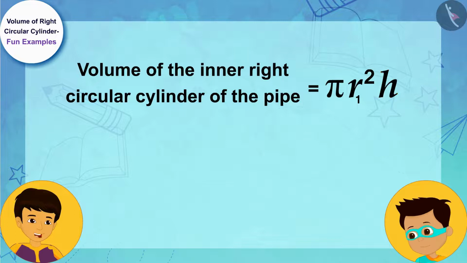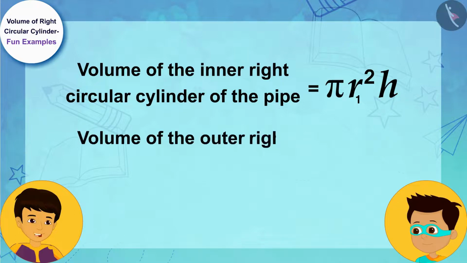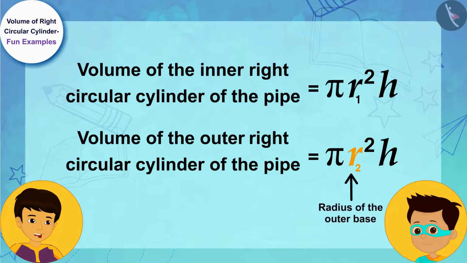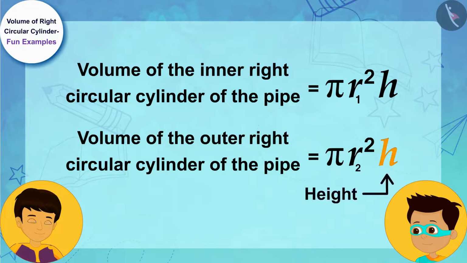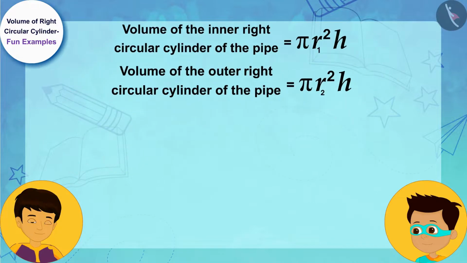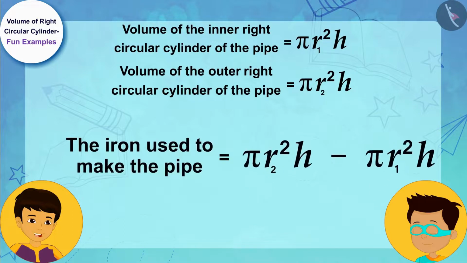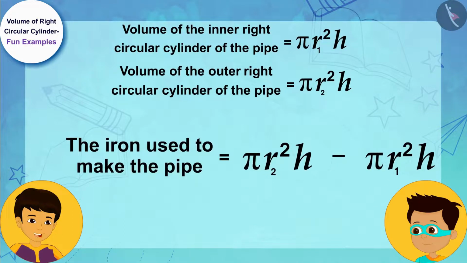And we can write the volume of the outer right circular cylinder of the pipe as pi r2 square h, where r2 is the radius of the outer base and h is its height. As I told you earlier, the iron used to make the pipe is equal to the difference between the volumes of its outer and inner right circular cylinders.